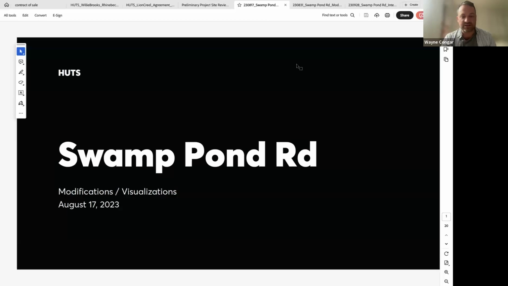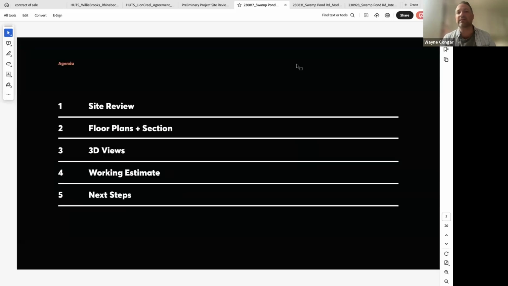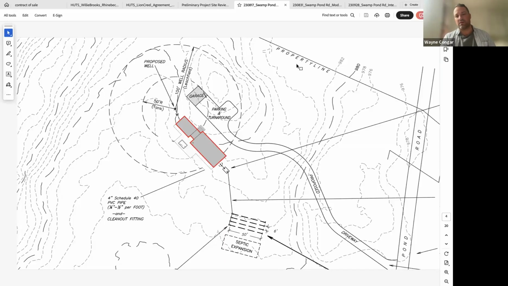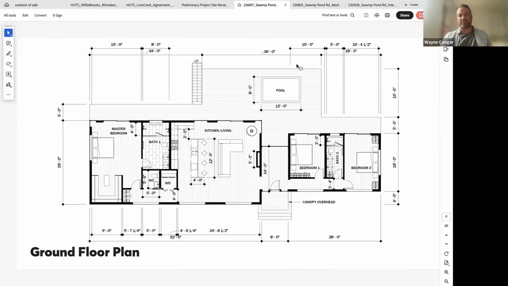One of the first modification visualization meetings we had, we took the client's sketches and reflected them back to him directly. The way that he had it set up was like this: two volumes, a wider living, kitchen, dining, and master bedroom space with an entry, and then a smaller guest bedroom side.